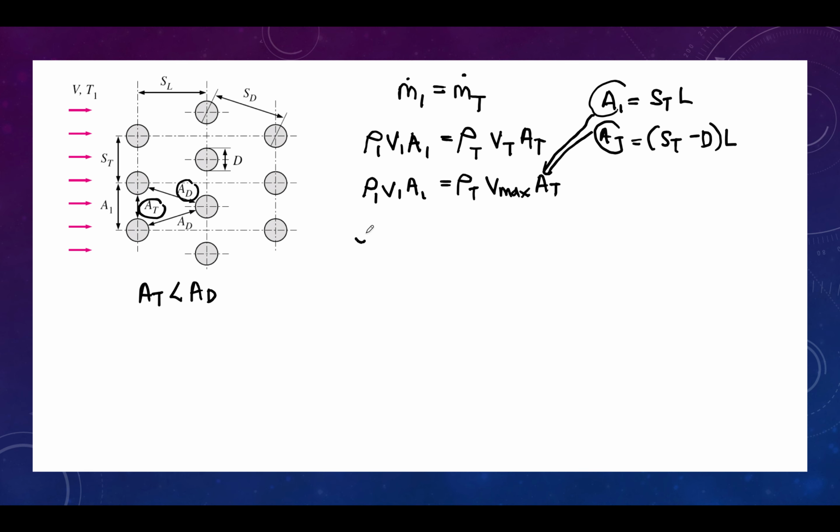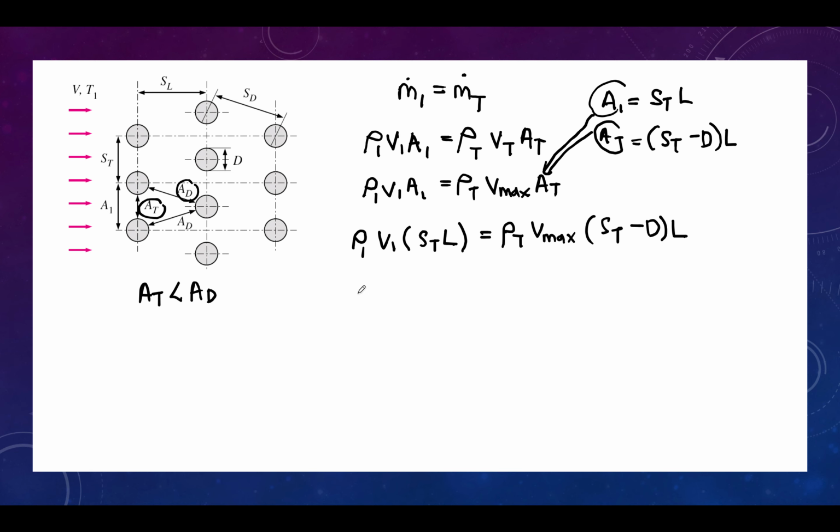So rho 1 V1 A1, which is ST times L, equal to rho T V maximum times ST minus D, L.